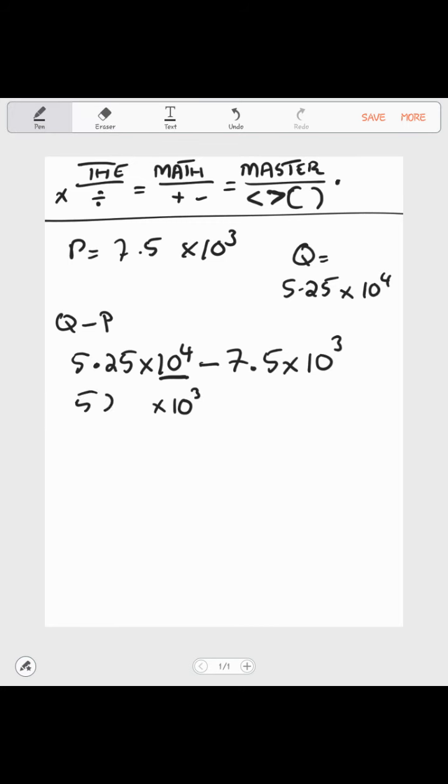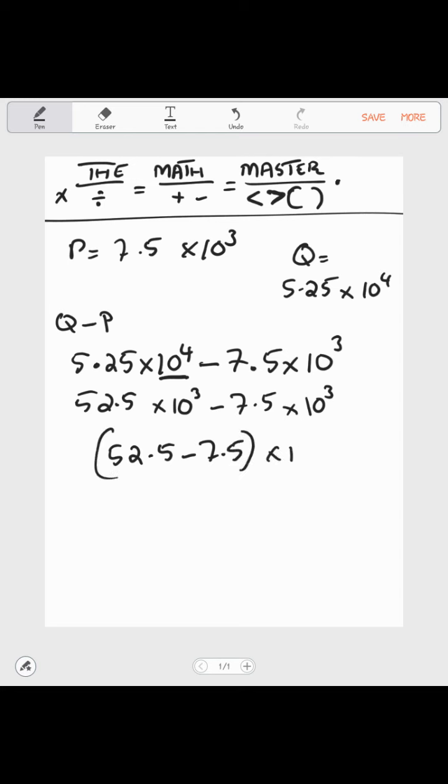So 52.5 into 10 cube minus 7.5 into 10 cube. 52.5 minus 7.5. 10 cube is 1, not 2, because as I told you before, it comes as 1 common.